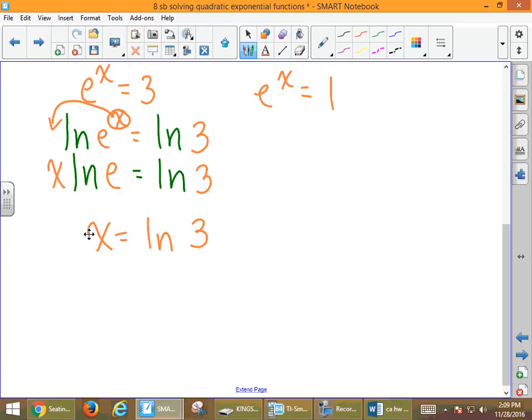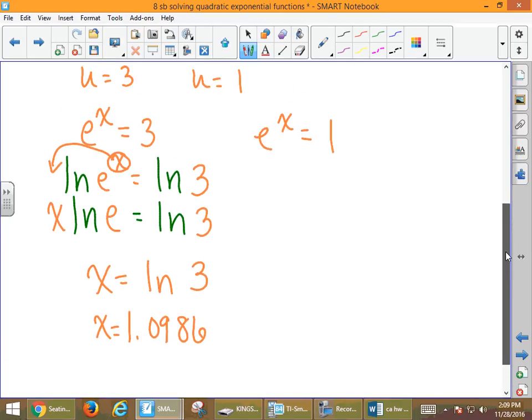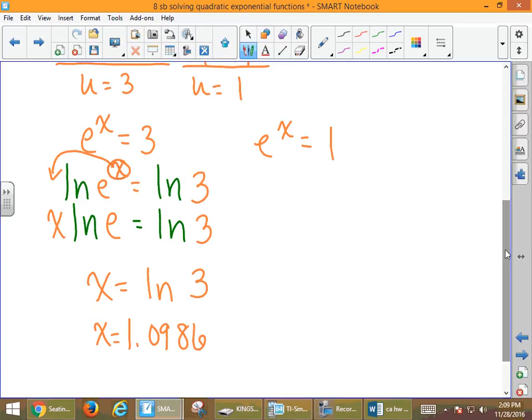That's our exact answer. If we want a decimal approximation, without typing it in up here, it's 1.0986. But remember, these are quadratics, so there's oftentimes more than one answer, because a quadratic has a squared term in it.